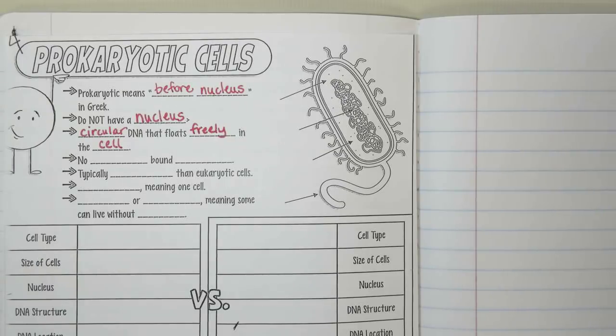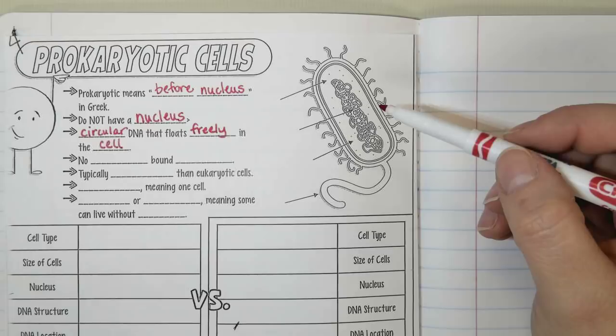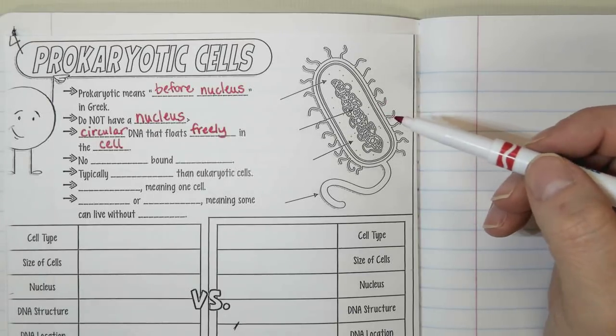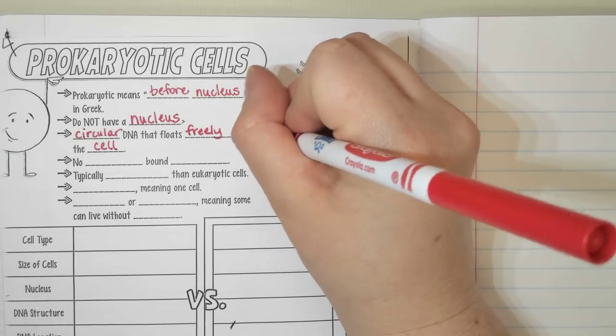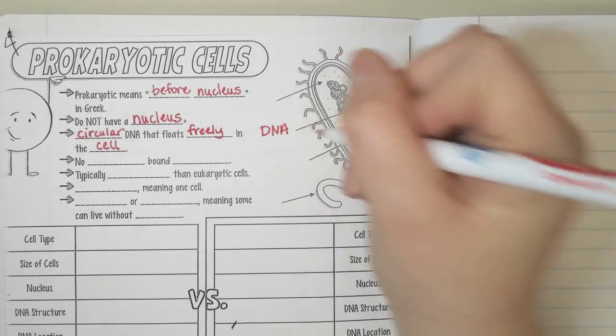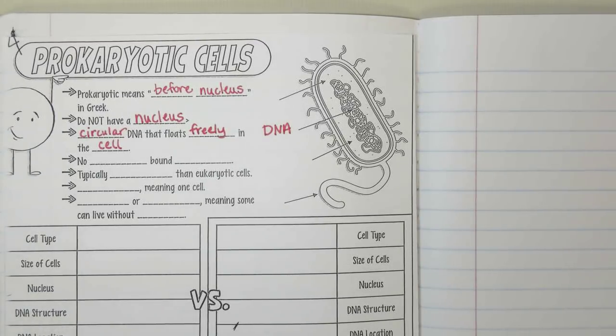If you look over to the cell on the right, this is a diagram of a prokaryotic cell, and all of those squiggly lines in the middle, that is the DNA, and that's what we mean by it being circular in shape and floating freely in the cell. It's not contained in one spot. There are also no other organelles or little parts of a cell.